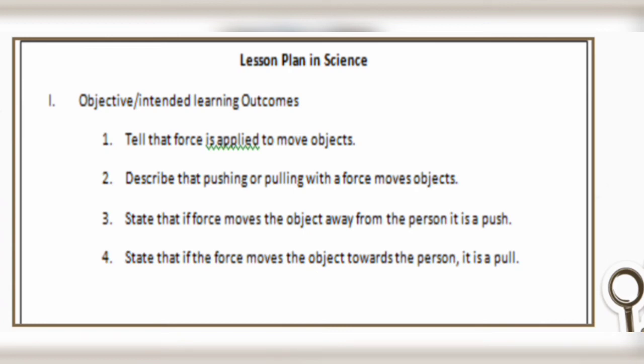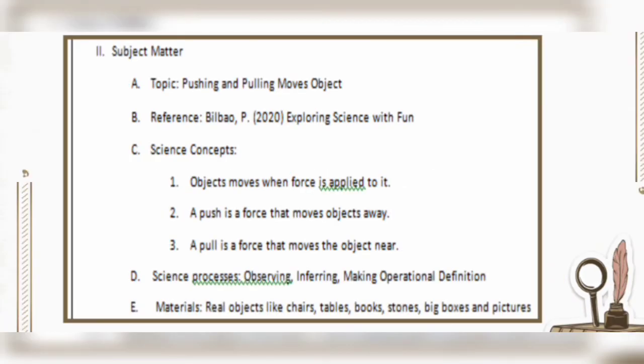From these objectives and learning outcomes, there are activities with brief and clear instructions. Subject matter, number 2. A, topic: pushing and pulling moves objects. B, reference: Bilbao, P., 2020, Exploring Science with Fun. C, science concepts. Number 1, an object moves when force is applied to it. Number 2, a push is a force that moves objects away.